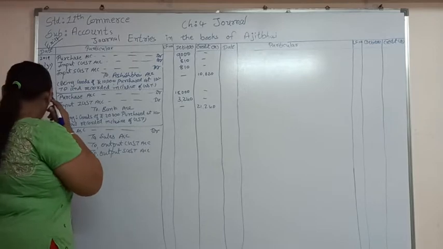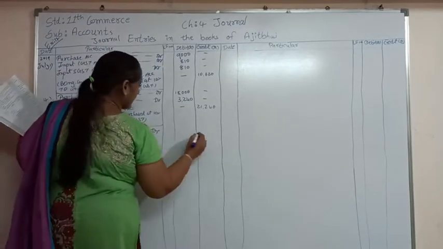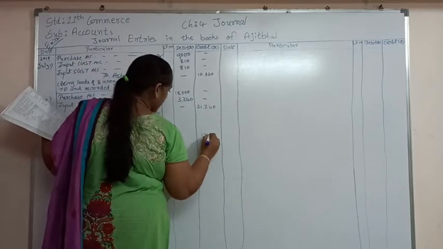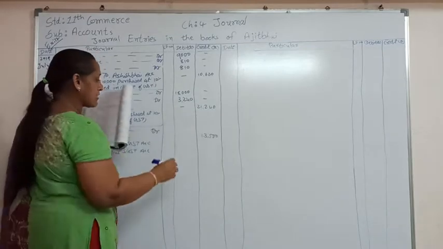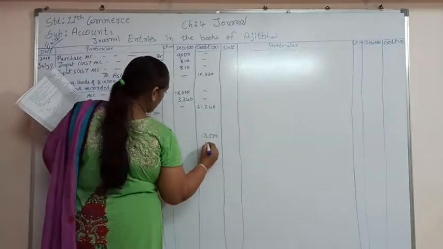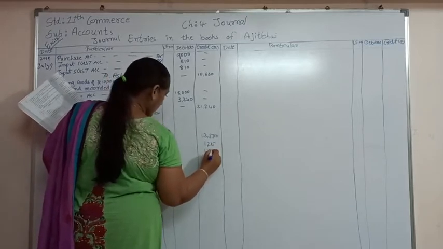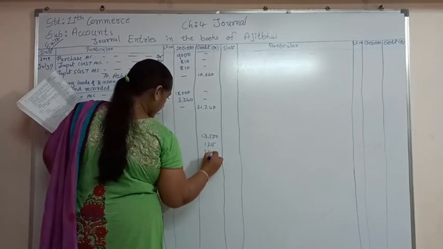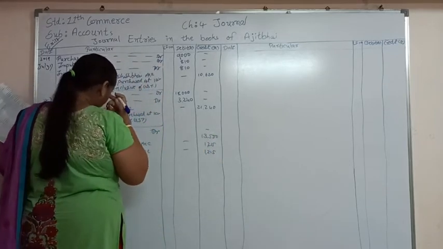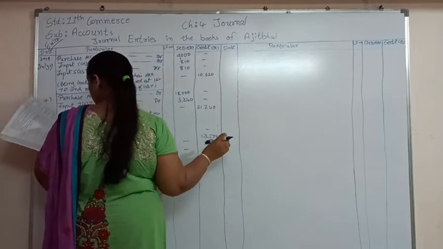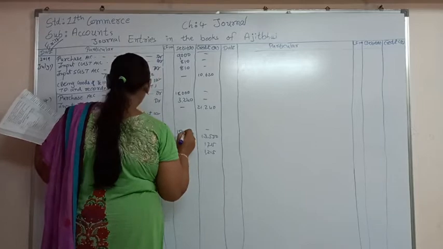And here the goods are 15,000 with 10% trade discount, so that will be 13,500, and 9% of 13,500 will be 1,215. So the total of 13,500 and 1,215 will be 15,930.